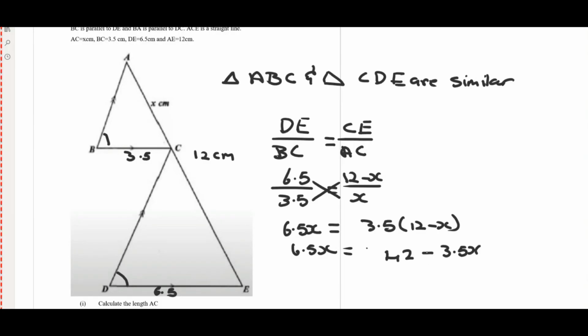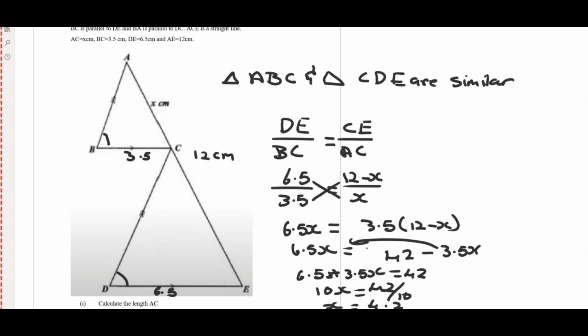To make X the subject, you carry this across: 6.5X plus 3.5X is equal to 42. So 10X is equal to 42, and X is equal to 4.2.